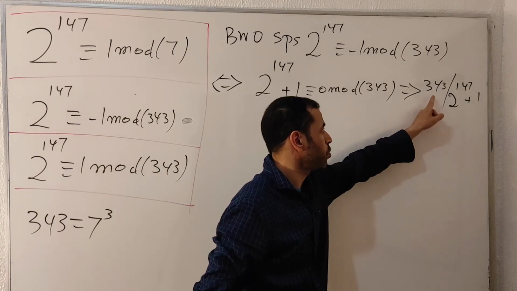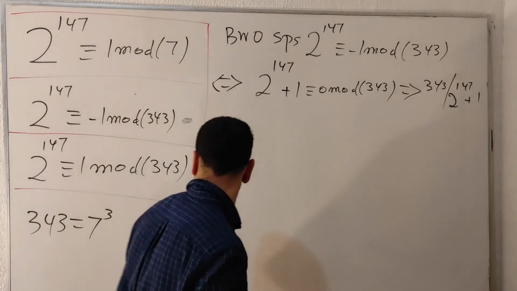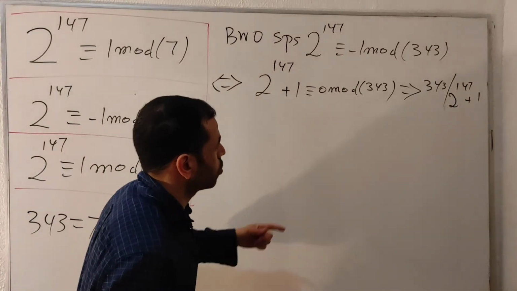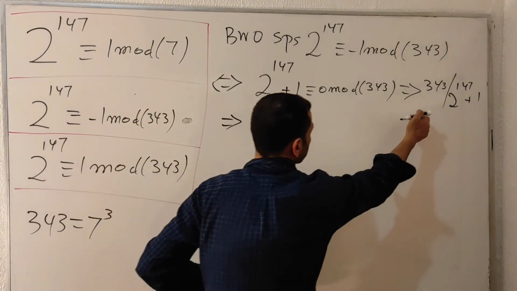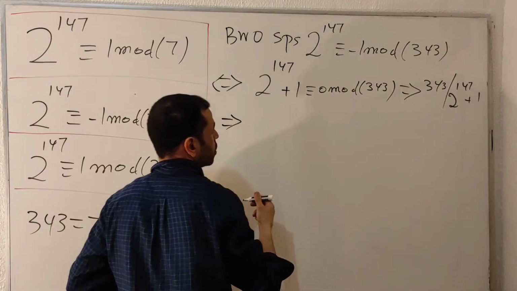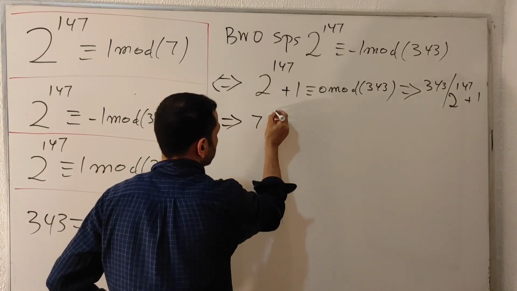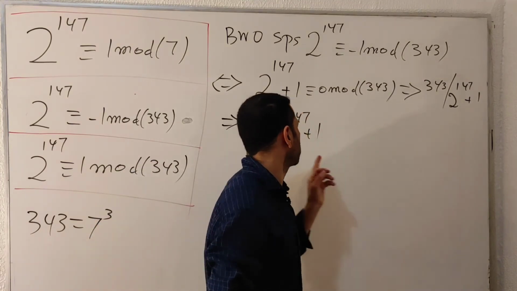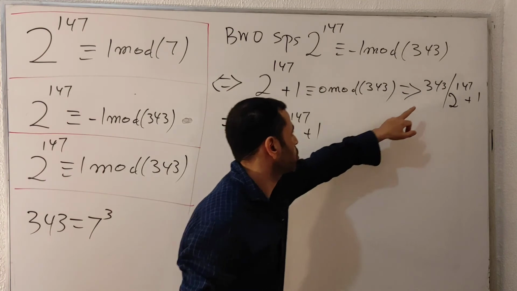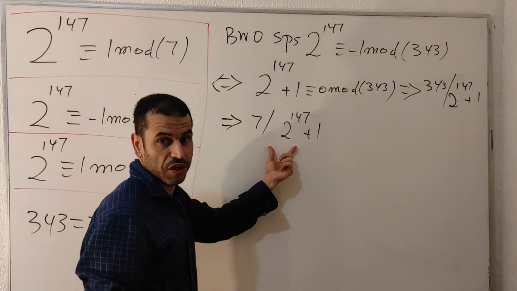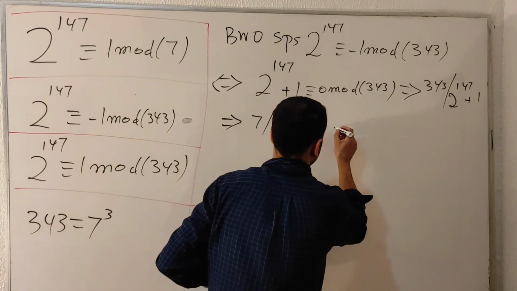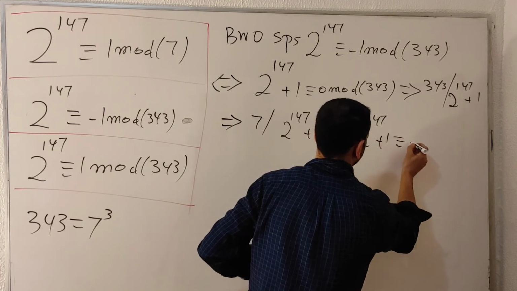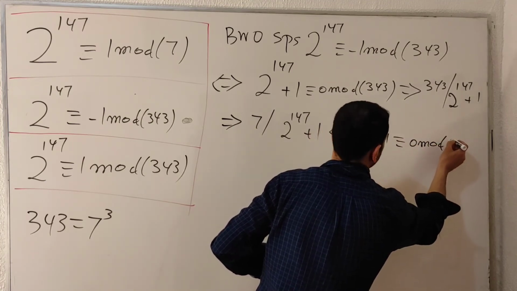The trick I'm going to use now is to reduce the divisor. Since 343 equals 7 cubed, 343 is a multiple of 7. So since the bigger divisor divides this term, 7 also divides 2^147 plus 1, because 343 is a multiple of 7. So 2^147 plus 1 is congruent to 0 mod 7.